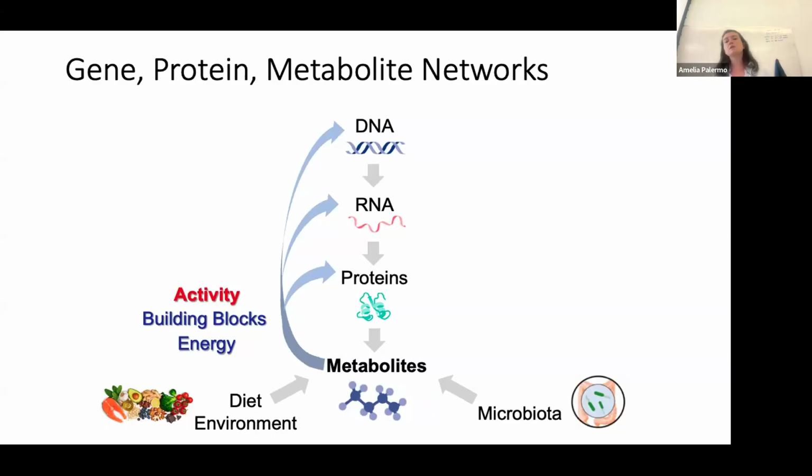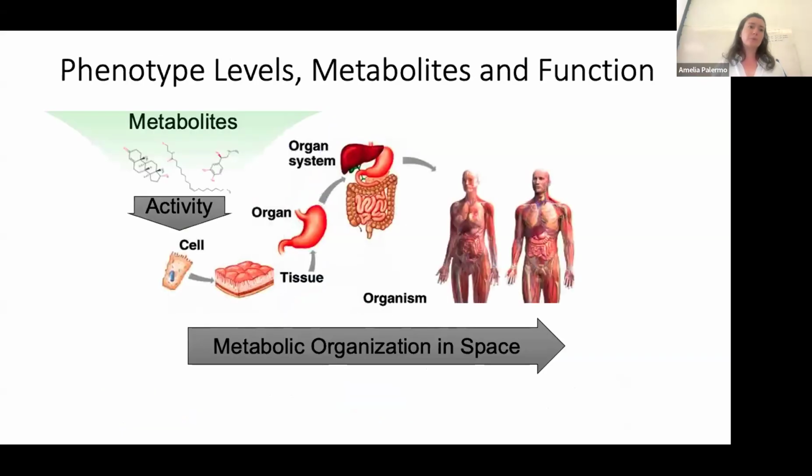In addition to this, when our system is interfacing with the environment, for instance, through the diet or through our microbiota, our microbiome, this two-way communication is performed through metabolites as well. So they are really key in understanding how the system works and in dictating the phenotype.